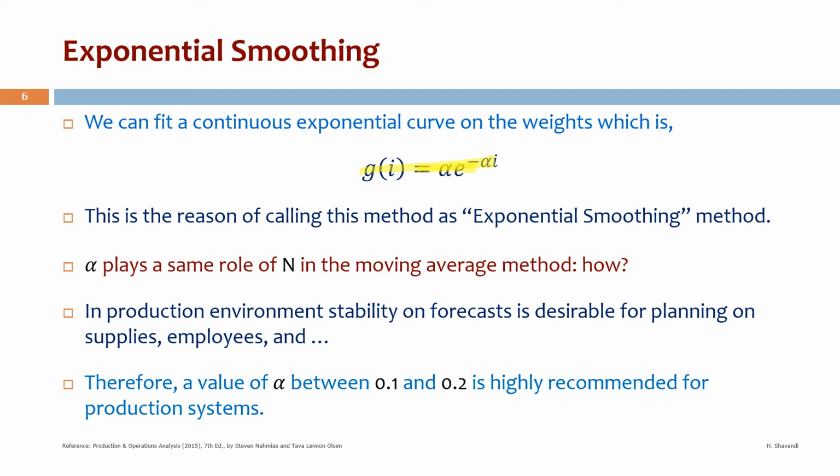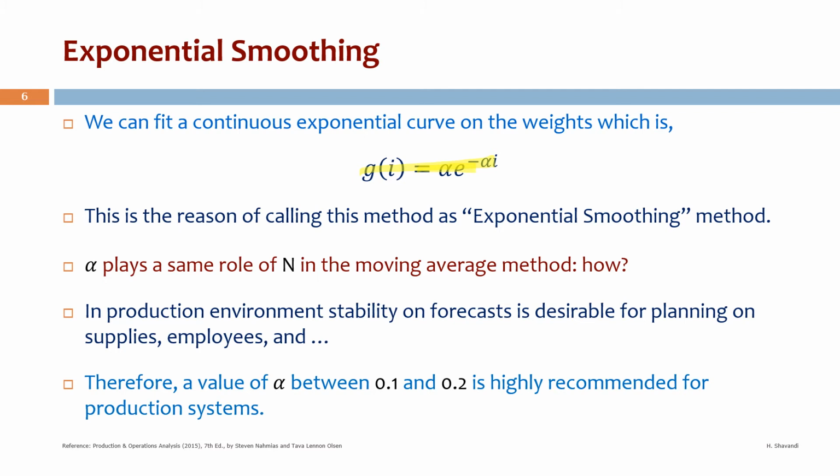If we compare exponential smoothing and moving average, in the moving average we consider the same weight over all the most recent data. I mean, the n most recent data all have the same weight. But in exponential smoothing, we are assigning higher weights to the most recent observations.